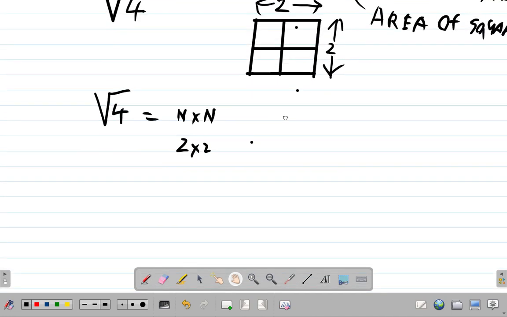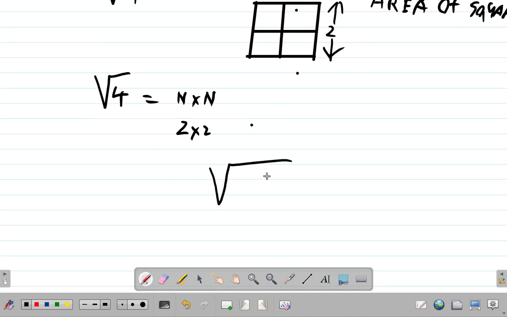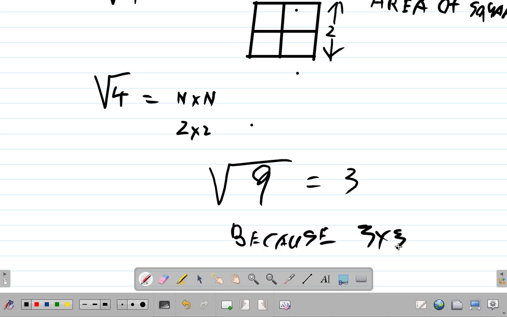Now with the square root of 9, the square root of 9 is 3, because 3 by 3 gives you 9.